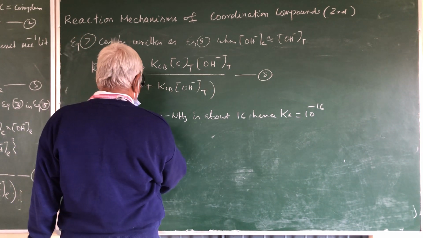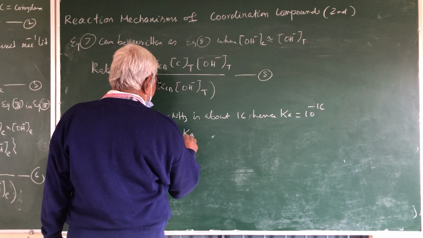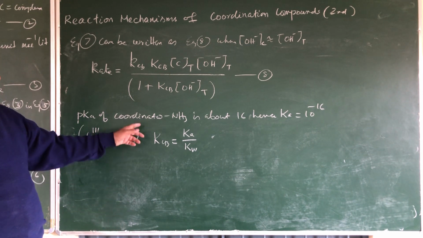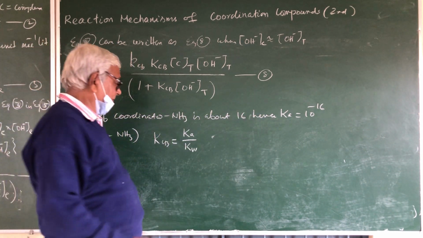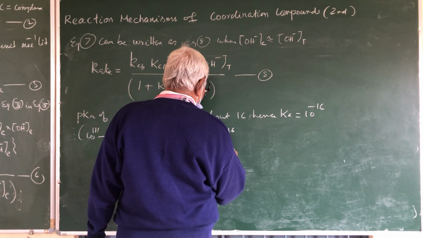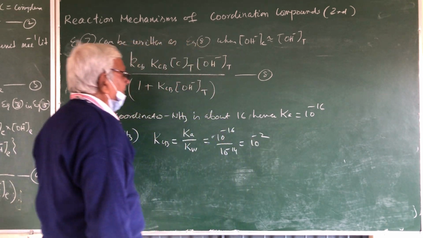And what is Kcb? Kcb is equal to K by Kw. K is the dissociation constant of coordinated ammonia. Kw is the ionic product of water. So this is 10 to the power minus 16 by 10 to the power minus 14, that is 10 to the power minus 2.